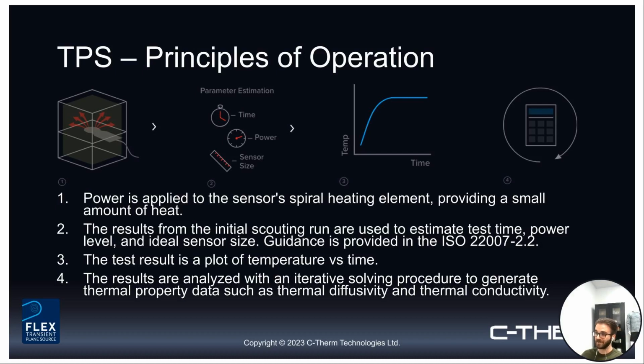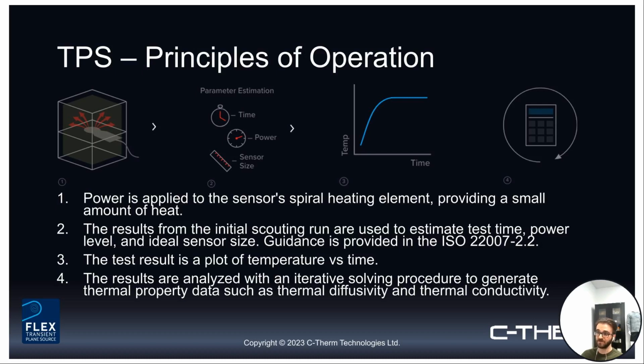The data that we're collecting for these transient techniques will be quite similar across the board in that we're monitoring that delta T, that change in temperature that occurs as a function of time. But the reason I mentioned that this is geared towards some advanced users is related to the fact that after the test is complete, there is a verification process that you have to run through, basically validating the settings that you've used and the results that were obtained on the material you're testing.